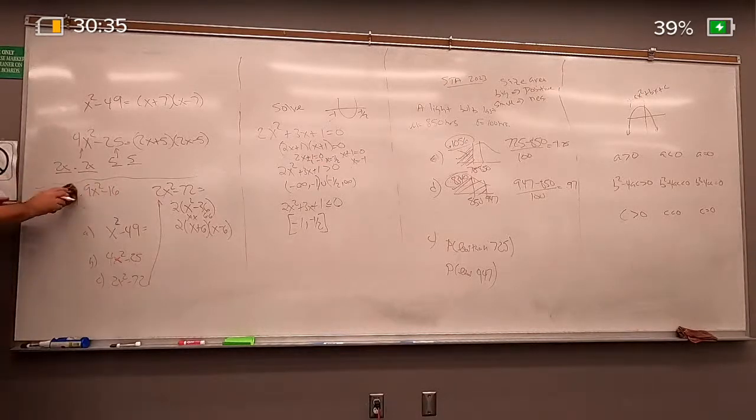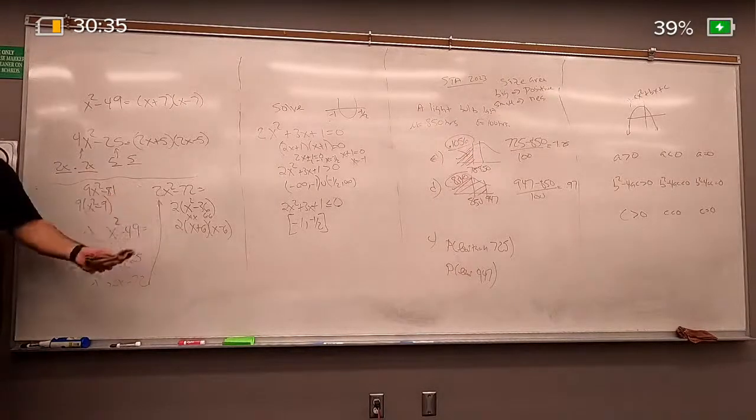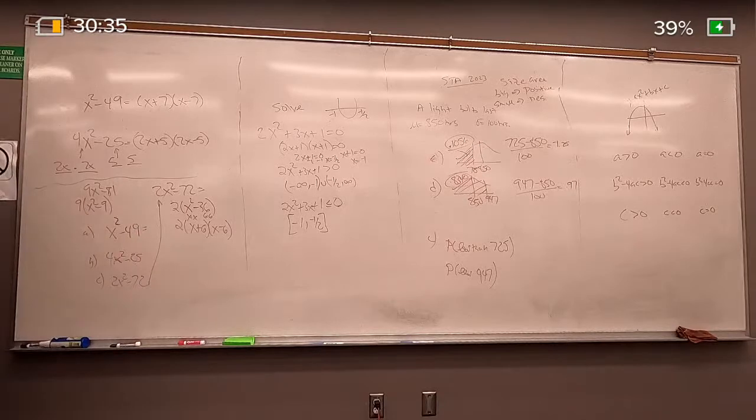That only works if the 9 goes into both of these two numbers. Then you would do that. So don't confuse it. Whatever that number is, throw that sucker out front. No, that's not the case. It is the case sometimes, but not always. All right? I'm going to leave you guys with that.